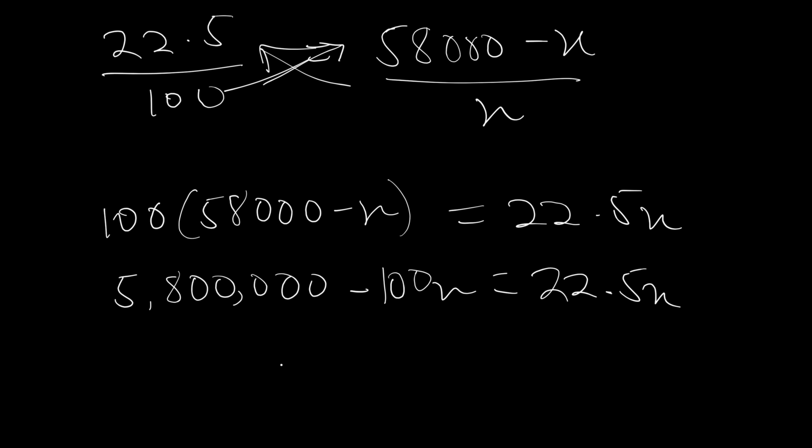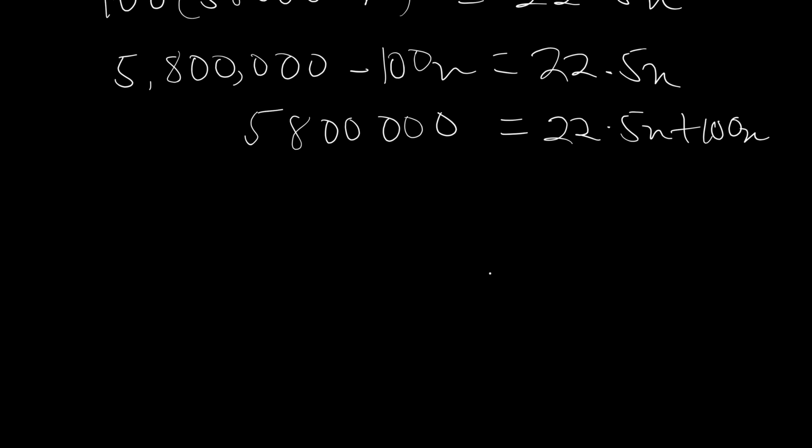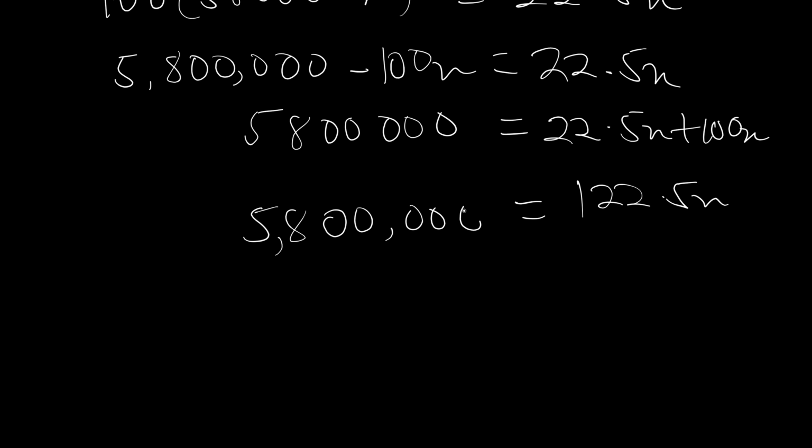Now when we group like terms, you have 5,800,000 is equal to 22.5x plus 100x. Now 22.5x plus 100x gives us 122.5x, and this is equal to 5,800,000.